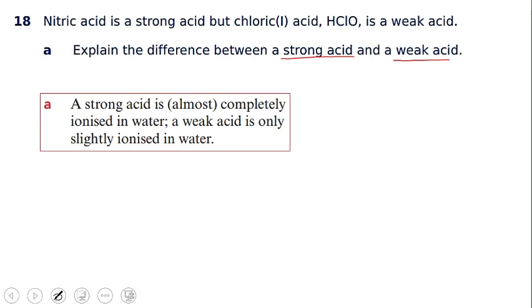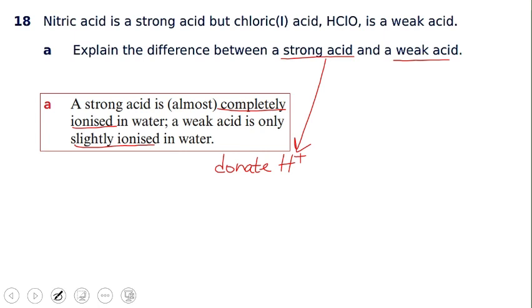So the first difference is that strong acid completely ionizes and the weak acid slightly ionizes. What does ionize mean here? Acid donates H positive, as we just said. It means the strong acid will donate all H positive.